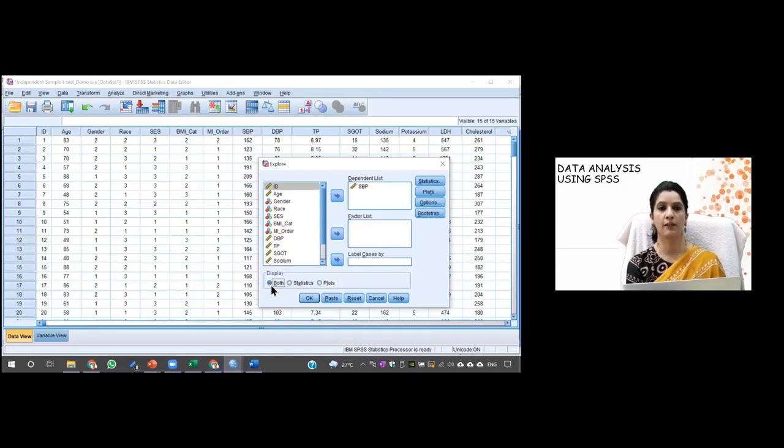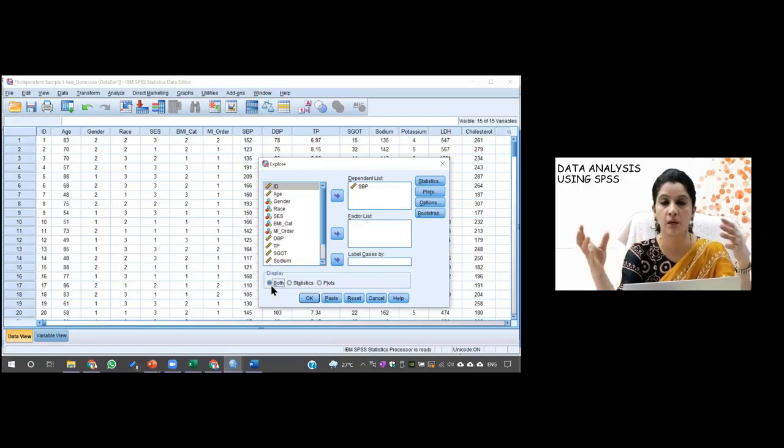But I don't want statistics now, because I have tested this in the descriptives also. While telling you the descriptive statistics, I told you that you have to check the mean, median, mode, interquartile range, trimmed mean, kurtosis, skewness. So I'm assuming that you have checked the statistics. Now I have to check with the plot, normality plot.